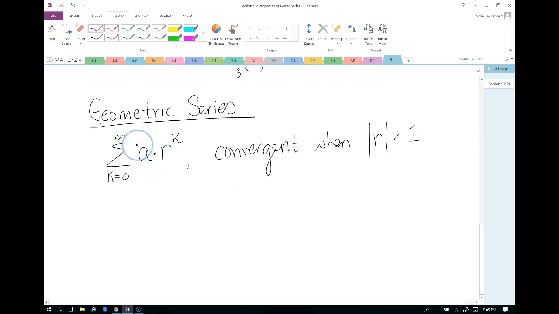And that's what's going to make these terms go to 0, and it's going to be what makes the sum stop. So what this means in interval notation is that any r value between positive and -1 should work. We should be perfectly fine as long as we stick within that interval. If we go outside that interval, those r values are going to make this term here, as k gets larger and larger, shoot off to infinity, and we don't want that.